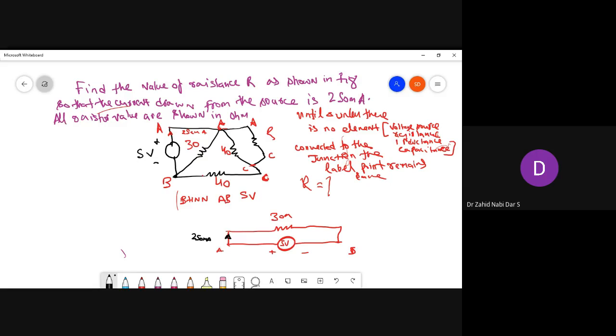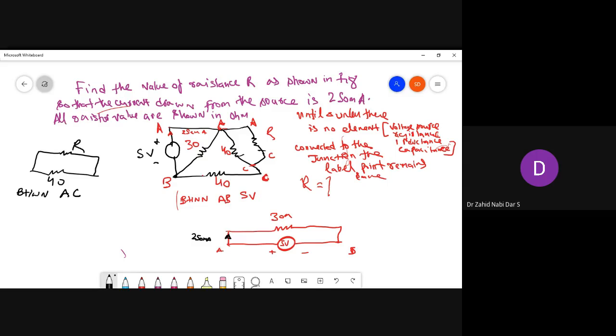If I want to reduce this network, I can say that this 40 ohm is in parallel with R. I'm talking about this and this, because these are connected between AC. Aren't they connected between these two points, A and C? So this is in parallel.